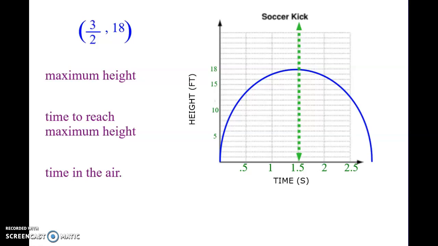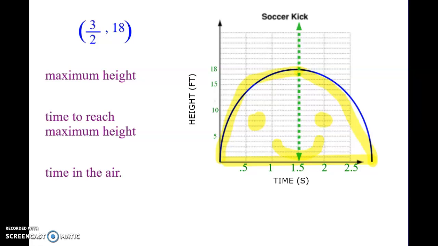You'll remember from the video from Wednesday that parabolas are symmetrical. Therefore, what it takes to come up to that point also takes to get down to the ground. So the total time in the air was from here to here: 1.5 in this section, 1.5 in this section, for a total of 3 seconds.